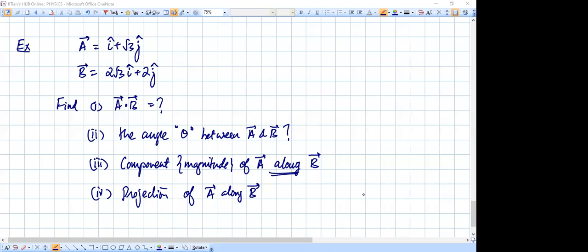The voice is lagging. Screen is blurred. Screen should not be blurred. Anyway, if you can see the question, just start working on the question, people.